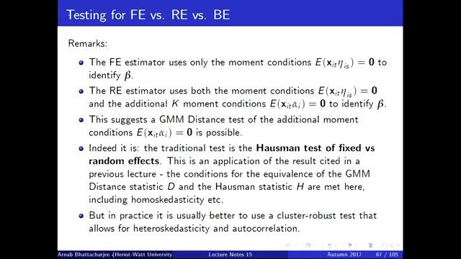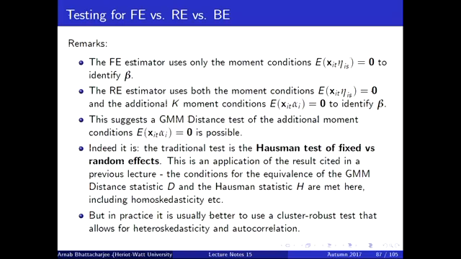So how do you do a distance, GMM distance or Hausman test? You take the beta hat FE minus the beta hat RE, right? Okay, so this is a vector.